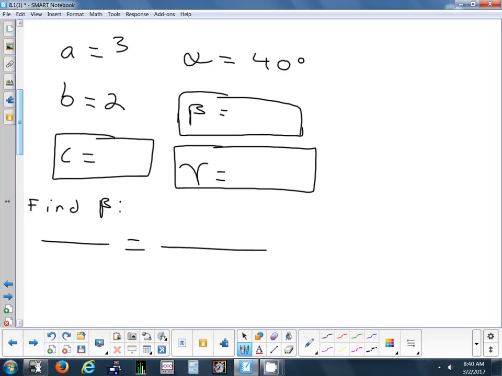Francisco, can you tell me how I would set this up to find beta? Okay. It's not sine of alpha over beta. No. What goes below alpha?